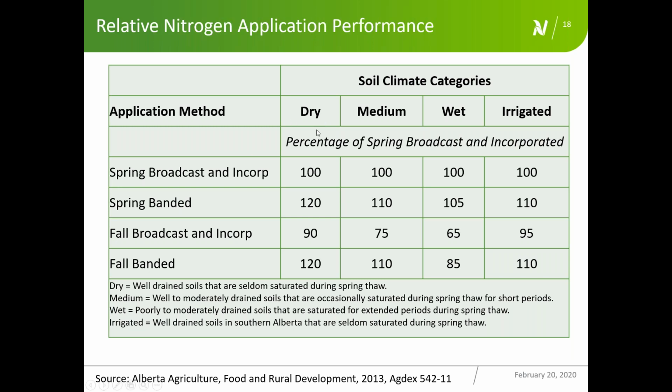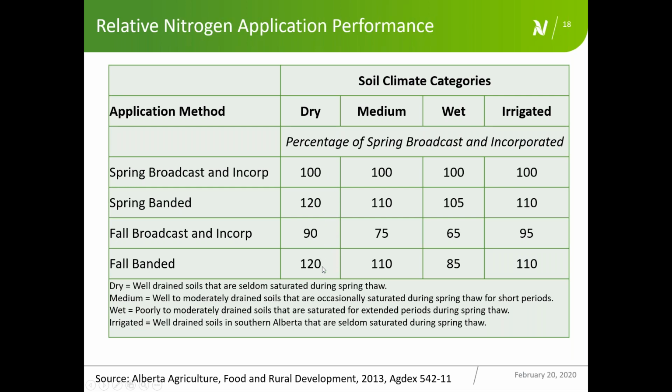So for example, in dry soils, we can make the comparison between spring broadcast and spring banded, and we see a 20% improvement in performance by banding the nitrogen rather than broadcasting and incorporating. If we look at fall broadcast, it's not even as good as spring, so its performance is about 10% worse than spring broadcast.